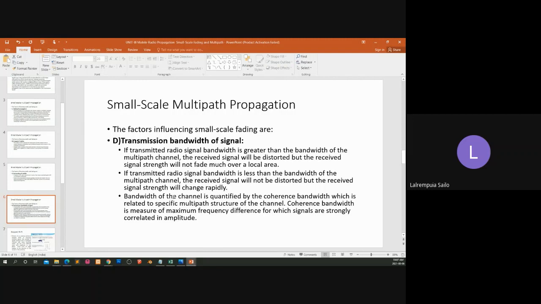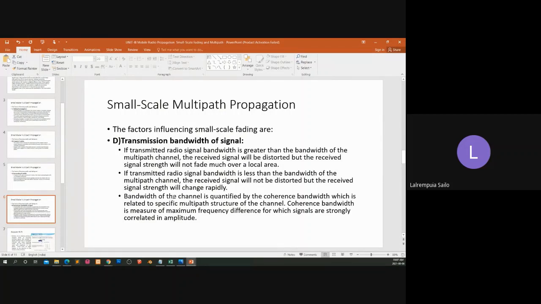In the previous one, there were two conditions, less and greater. If it is less, the signal will not be distorted.